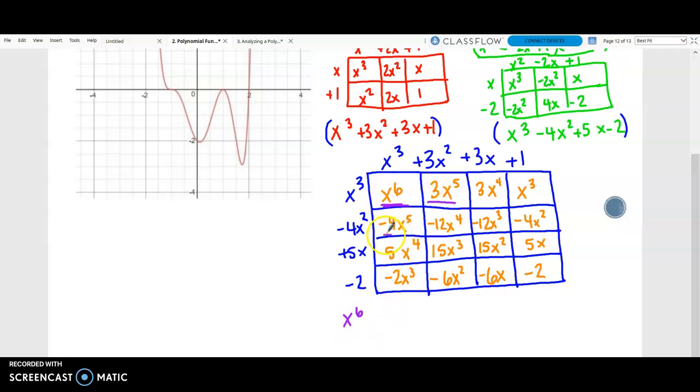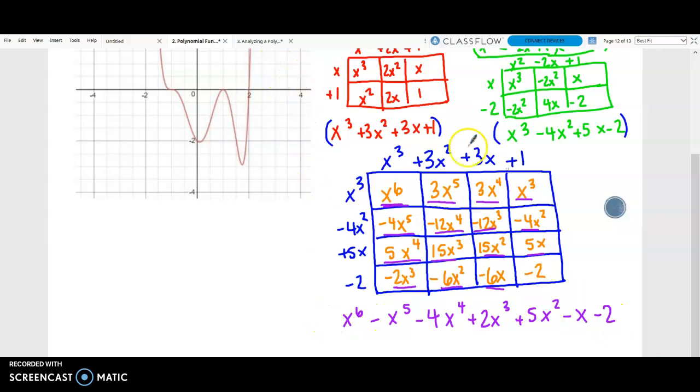Then 3x to the 5th and negative 4x to the 5th will get negative x to the 5th. Combining these three will get us negative 4x to the 4th. Then these, that'll be positive 2x cubed. These will be positive 5x squared. Here will be negative x and then minus 2.